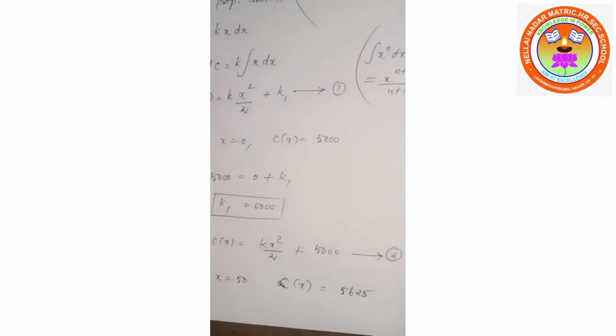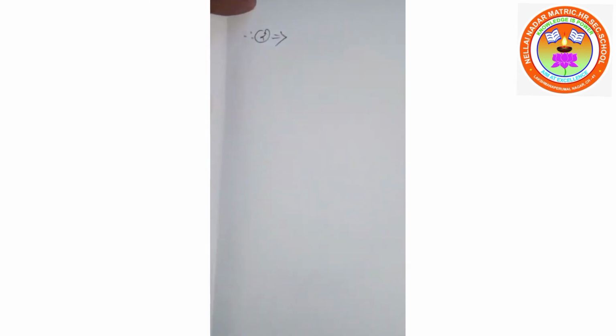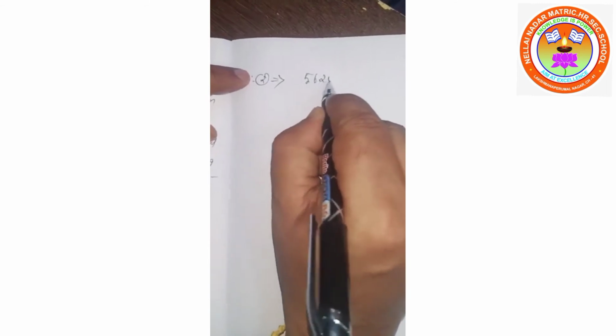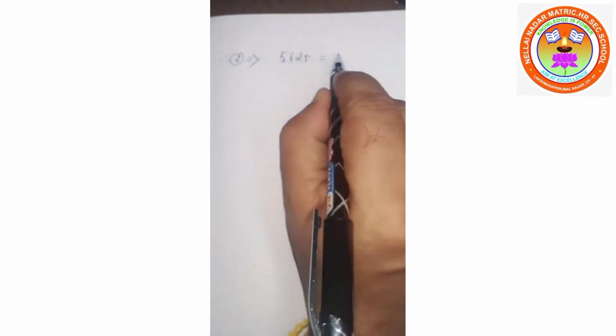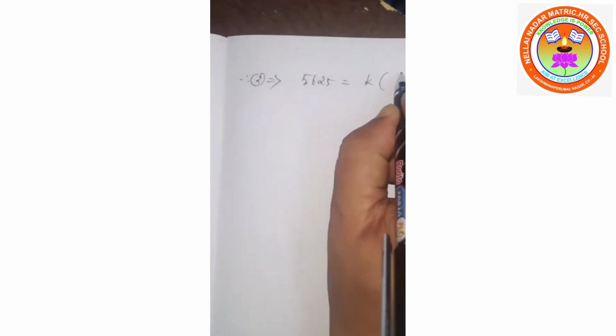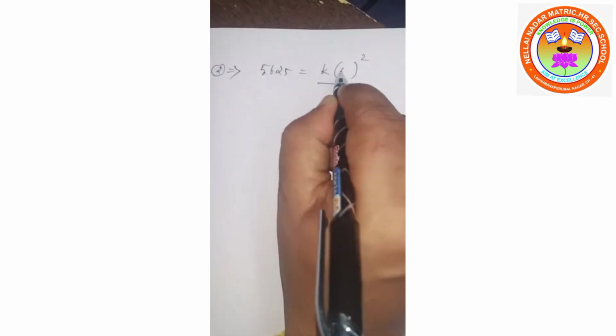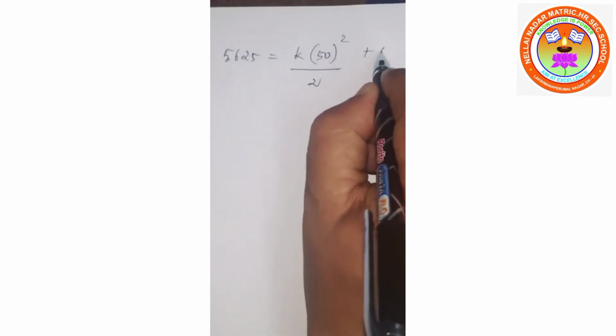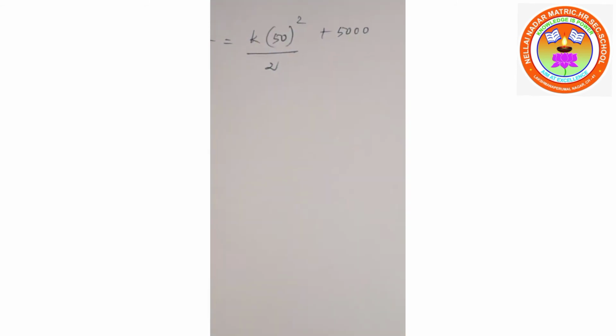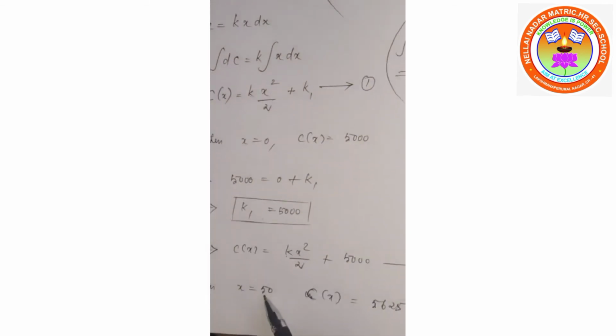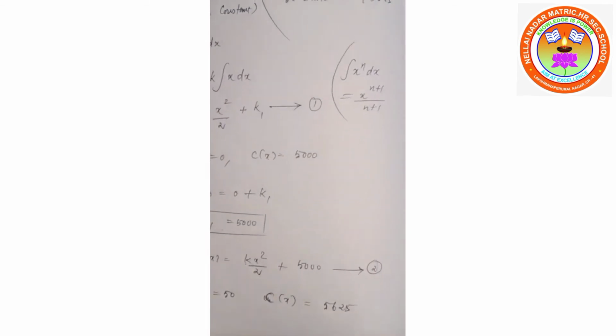Substitute in equation number 2. C of x equals 5625, that is equal to k into x squared by 2, x value is 50, plus 5,000. So 50 squared by 2 plus 5,000.